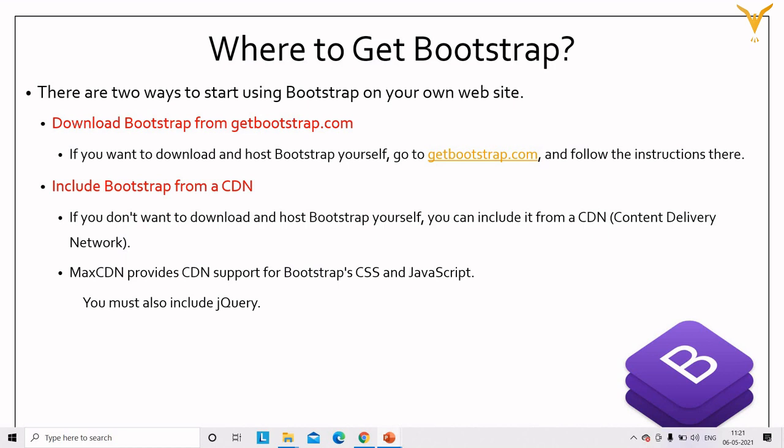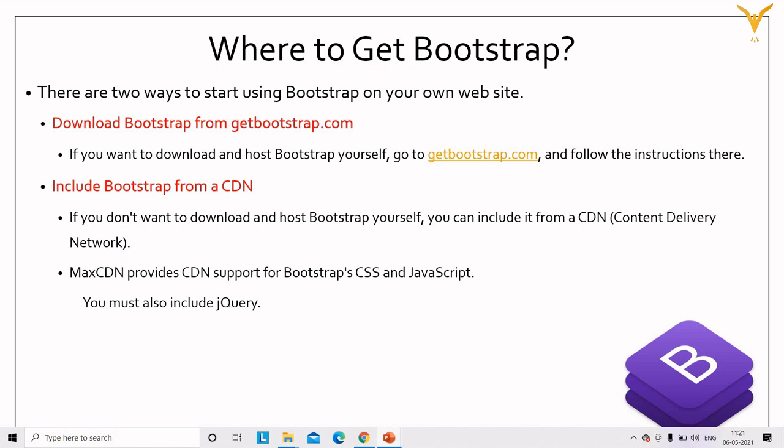Second, if you do not want to download or host Bootstrap yourself, you can include the CDN link. CDN stands for Content Delivery Network. You just include the link of the CDN file in your code. I will show you both ways, with downloading the Bootstrap files and without downloading them.